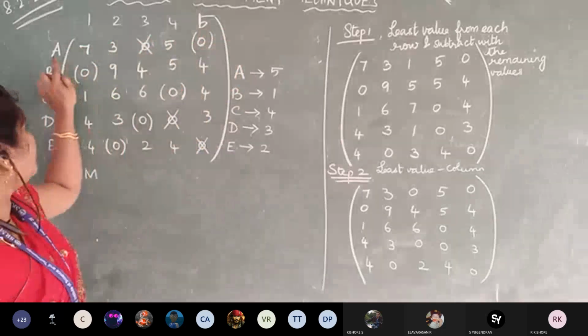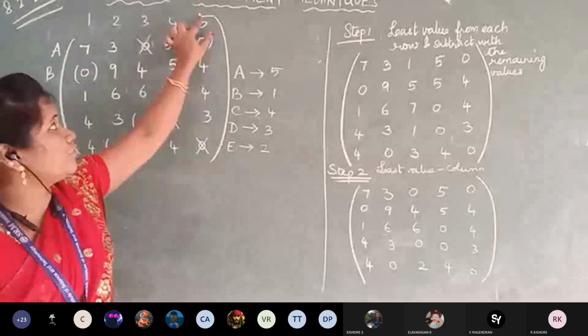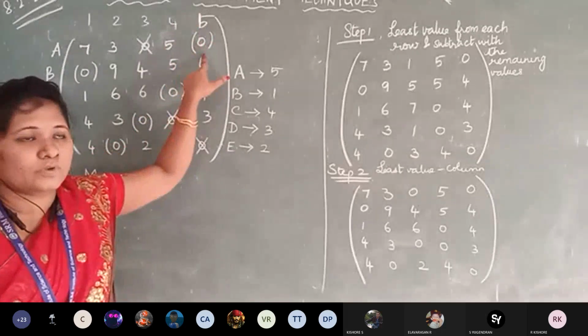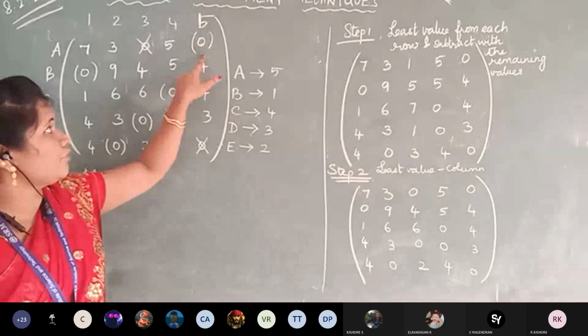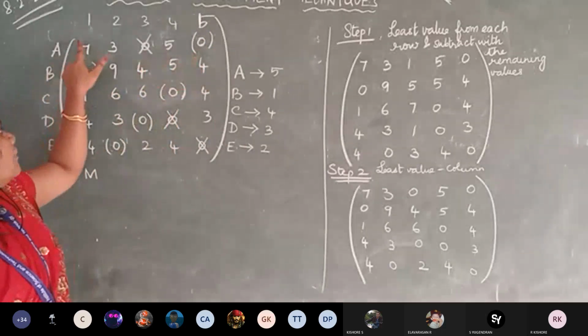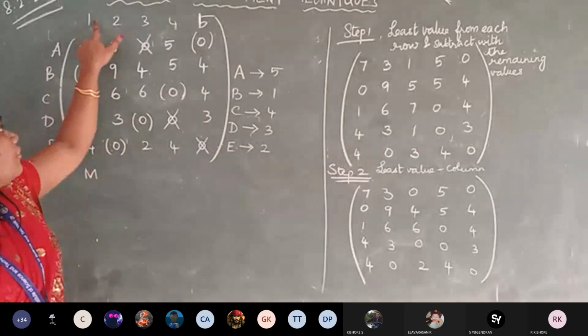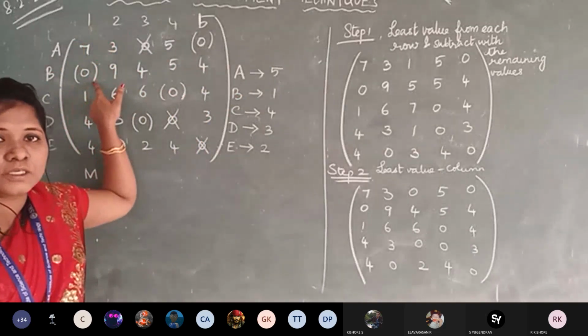You know, isn't it? So for A person, which job is there? You have taken this fifth job, the corresponding allocation where you have taken. And B, this is B row. For this B person, your first job is assigned. You have got your allocation.